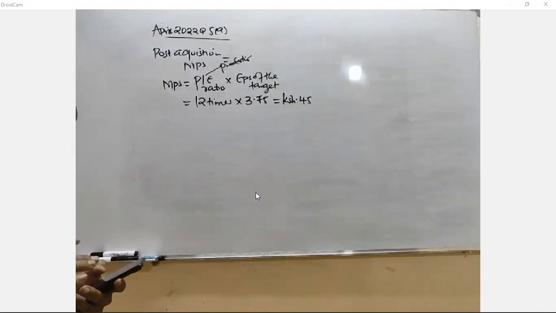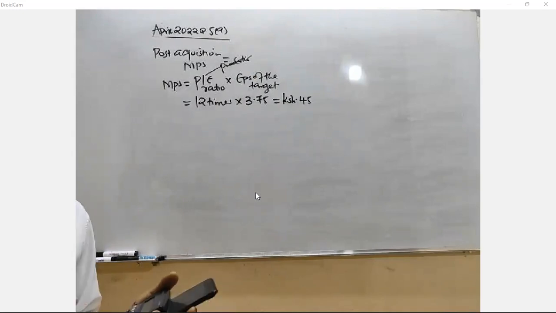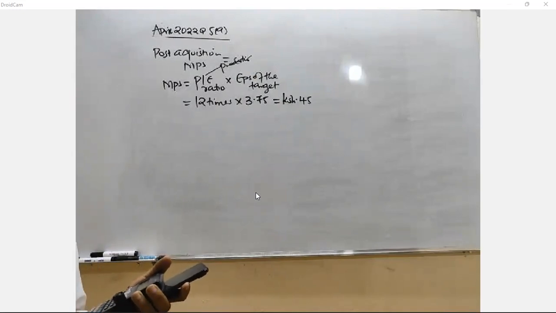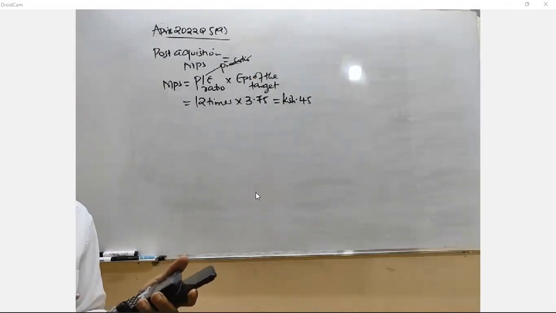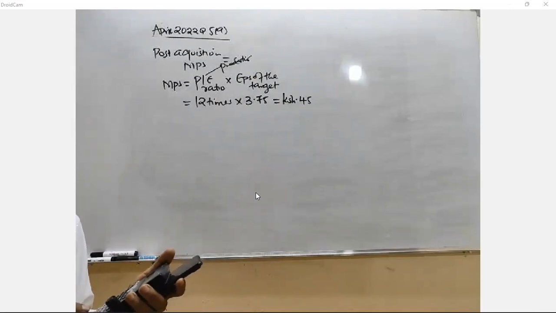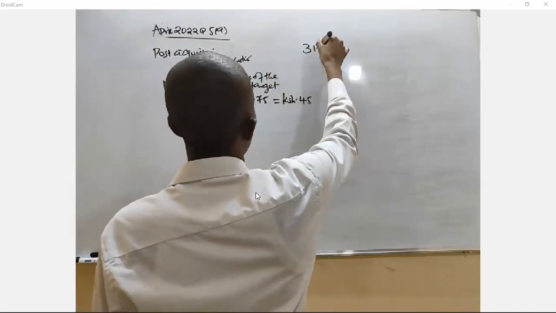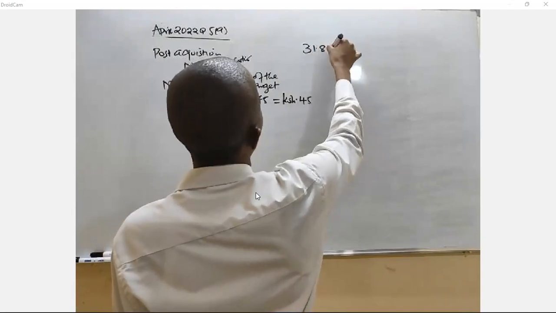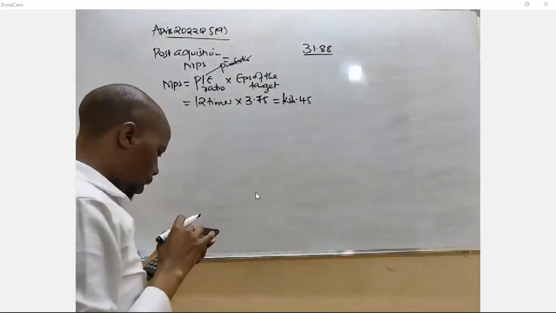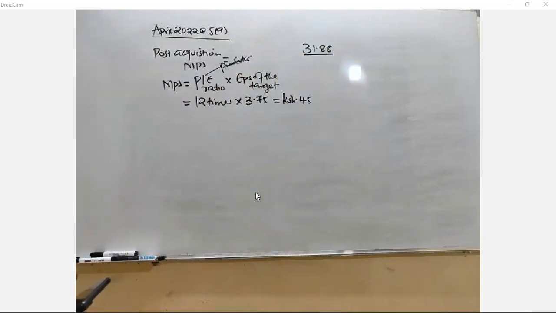Eventually, you can take something like this, if it's not provided. If you take 28.13 plus 3.75, then you divide it by the shares of ours.